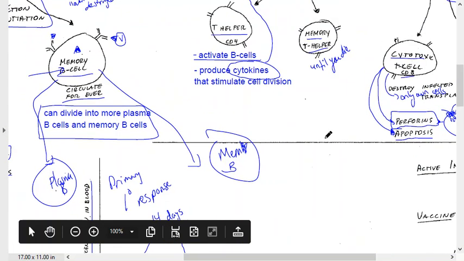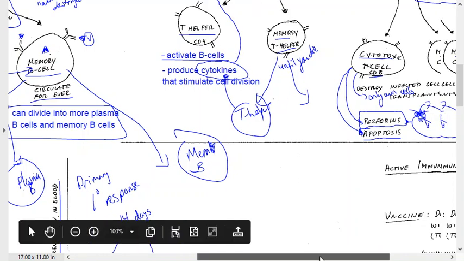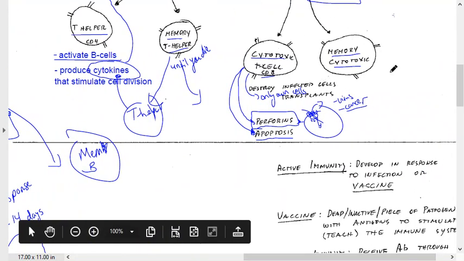Same thing is true for your memory T helper cells. They will divide and make, again, more memory cells, but they'll also make more T helper cells, right? Those T helper cells make cytokines that stimulate cell division, right? Same thing with the memory cytotoxic cells.